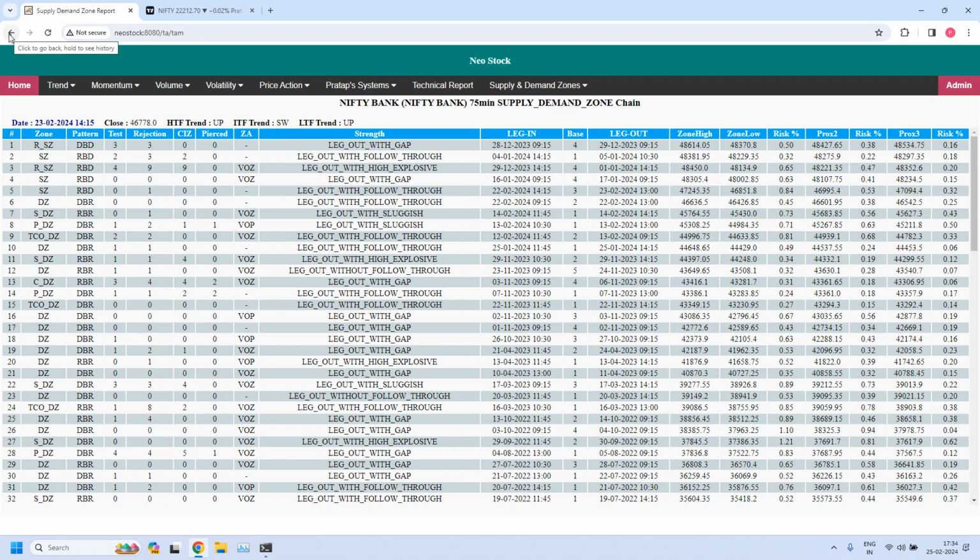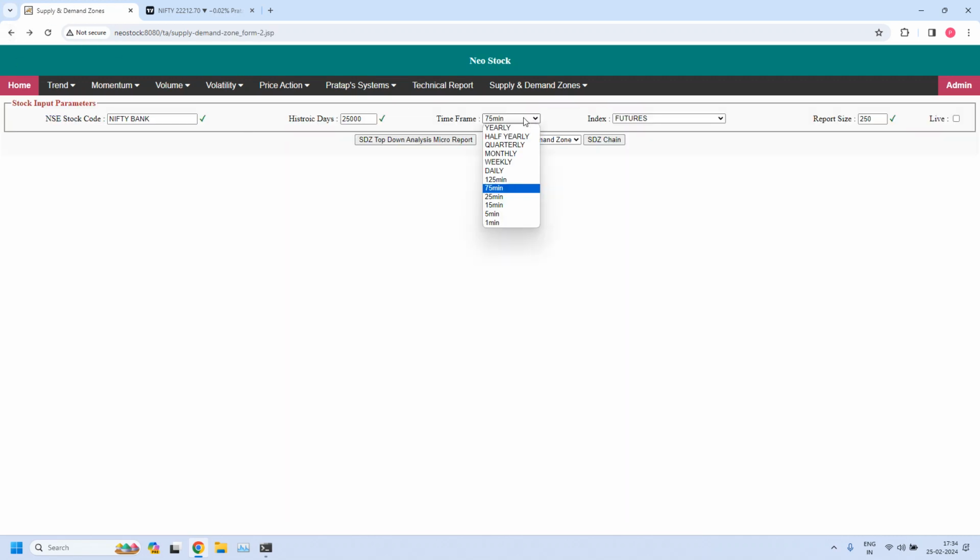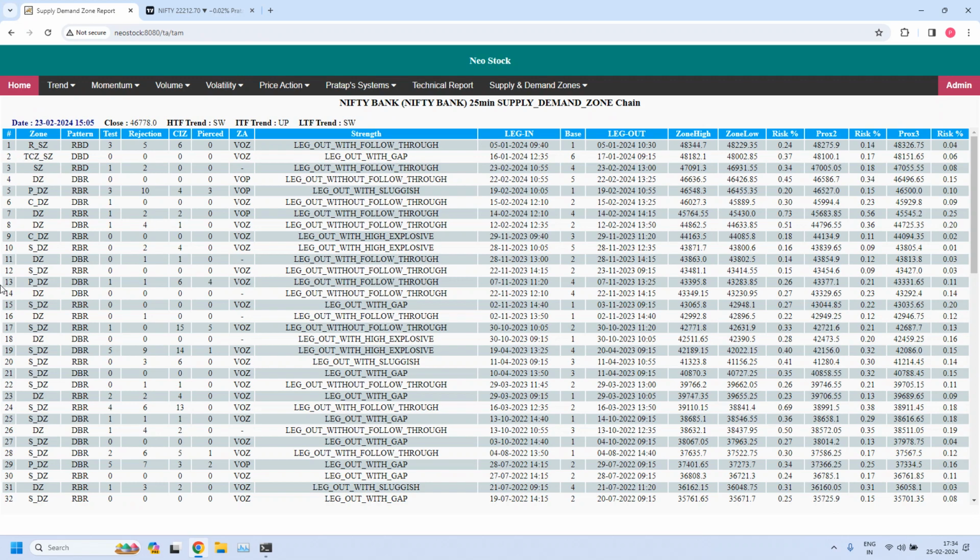So let me go back and change the time frame to 25 minutes and I am generating the chain for Bank Nifty. 25 minutes time frame is having 3 supply zones. Fourth one onwards, demand zones.